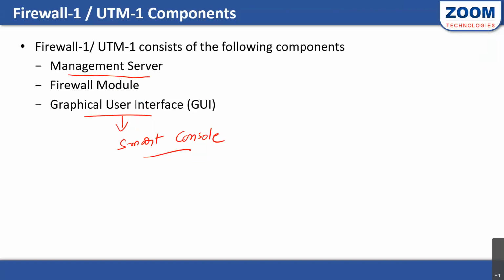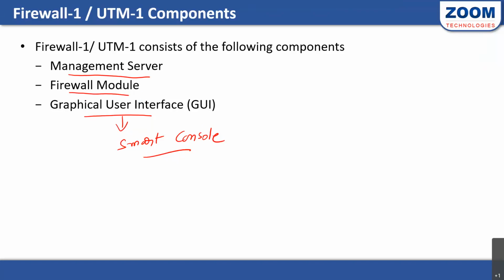Right? And finally, you have the firewall module, which is the one who is actually monitoring and inspecting each and every incoming and outgoing packet and implementing your security policy. So all the security policy will be implemented by the firewall module, which will see if this policy has to be applied. If this is applied, what is the action?